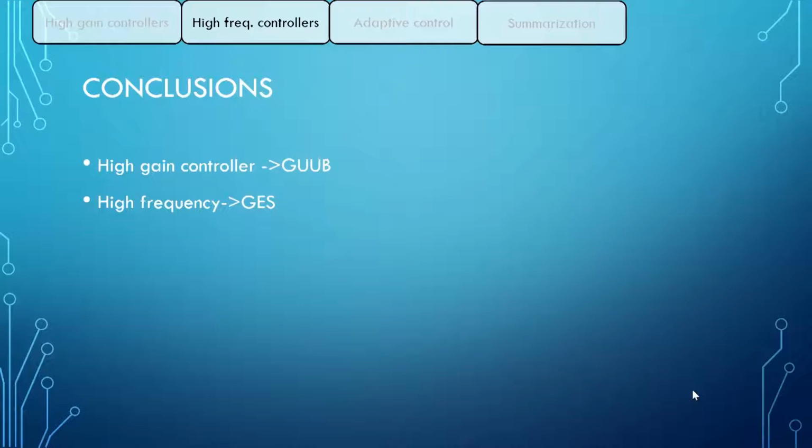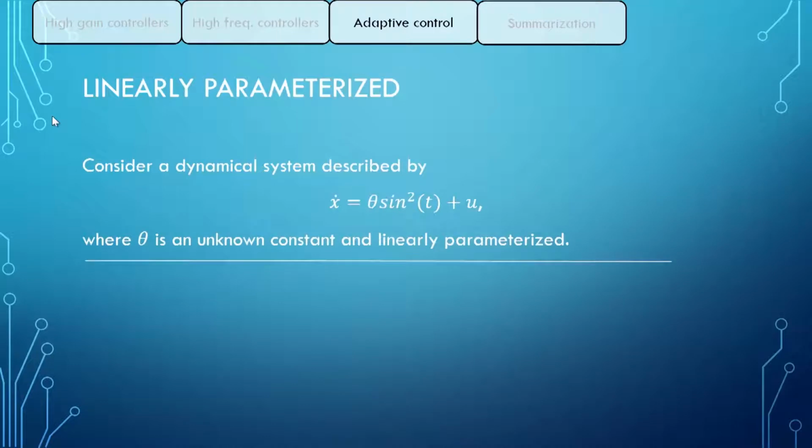So, conclusion, compare the two. Using high gain, you will get UUB, depending on whether the upper function is RU or not. And using high frequency, you can get exponential stability or asymptotic stability; eventually it converges to 0. Now, the same dynamic system with unknown theta.